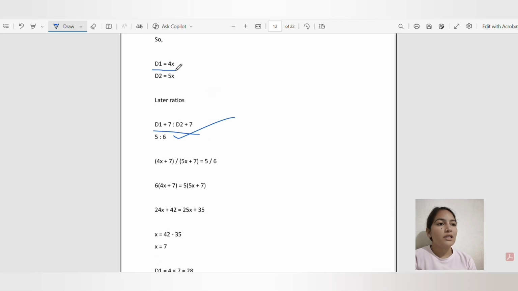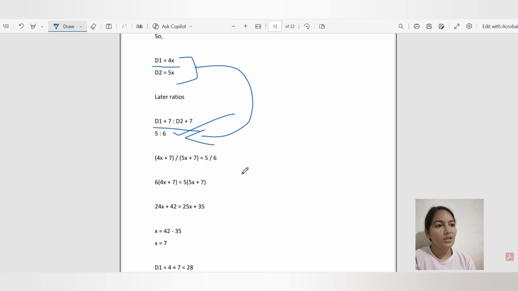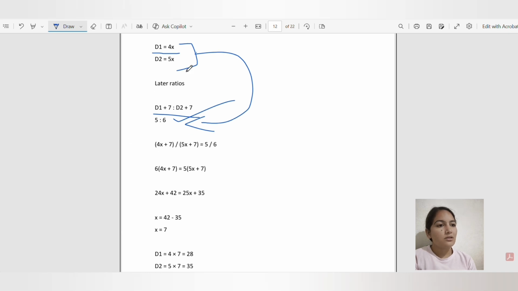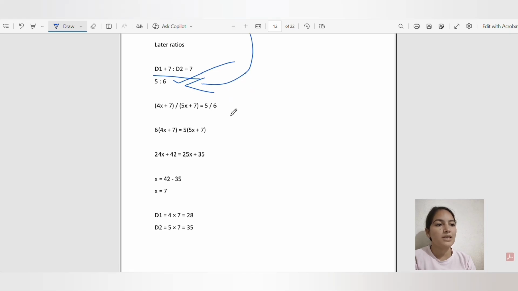But we already have the value of D1. What is the value of D1? It is 4x. So we will put these D1 and D2 values in this second equation. So while putting D1 and D2 values, what will we get? 4x plus 7 divided by 5x plus 7 is equal to 5/6.